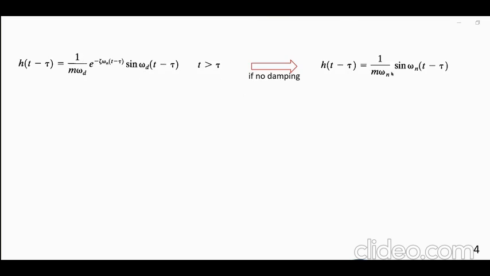So all I've done is write this thing for no damping. We're going to derive the response spectrum in this chapter based on the assumption that there is no damping. Although damping can be included, it makes things more complicated, and we're not going to do that, as Inman leaves it out.